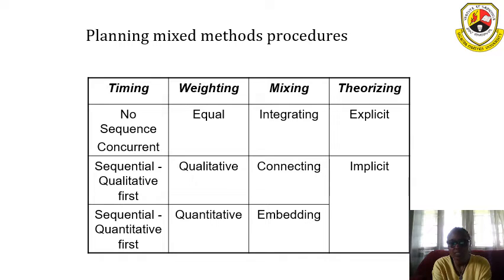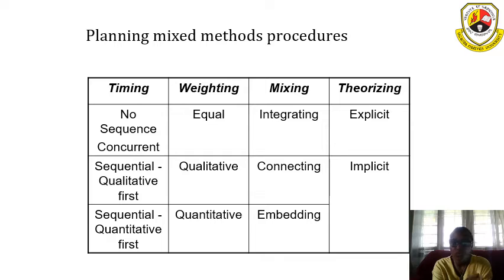Sequential, let's say starting with qualitative, when you start by trying to understand, but as you understand, you see a common thread of themes developing, and to confirm that thread, you may decide to give a survey. So that the quantitative follows the qualitative.